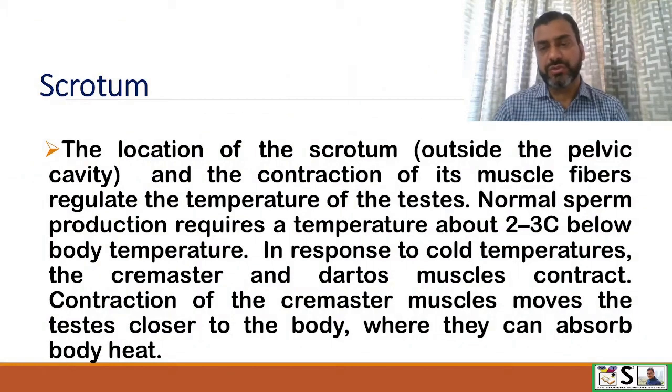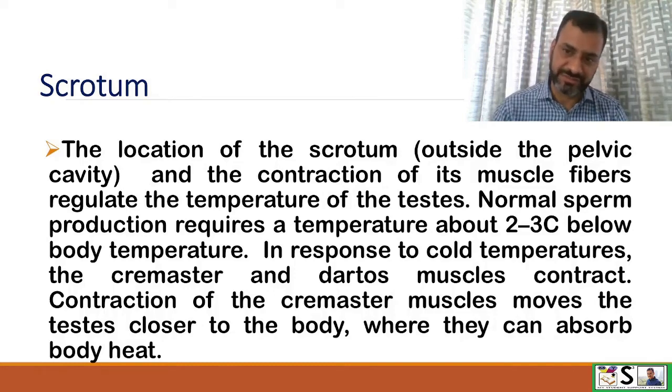The location of scrotum, that is, it lies outside the body or pelvic cavity, and the muscular action of the dartos and cremaster muscle help to regulate the temperature of the testis.